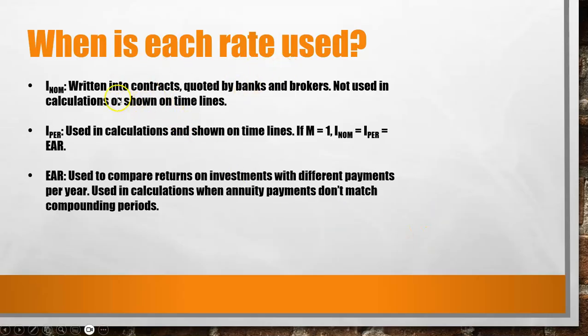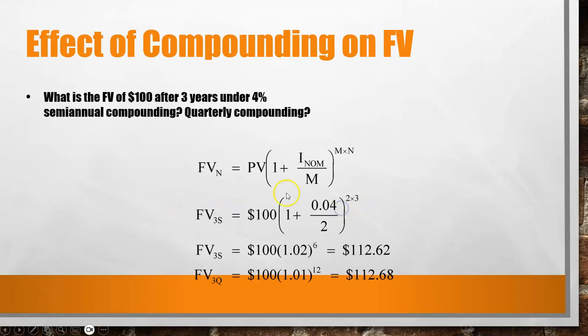When is each rate used? Well, the nominal rate is written in the contracts and quoted by banks and brokers, not used in calculations or shown on timelines. The periodic rate is used in calculations and is shown on timelines. And the effective annual rate is used to compare returns on investments with different payments per year, and used in calculations when annuity payments don't match compounding periods.